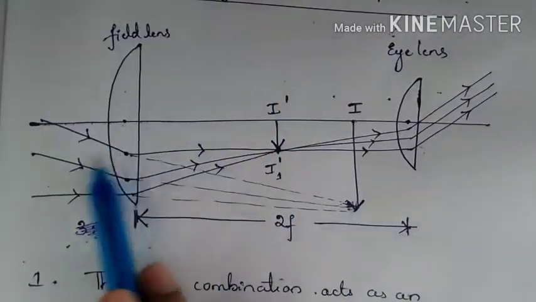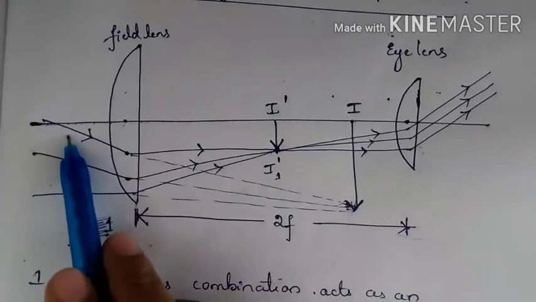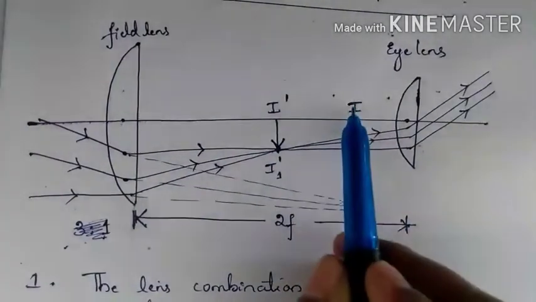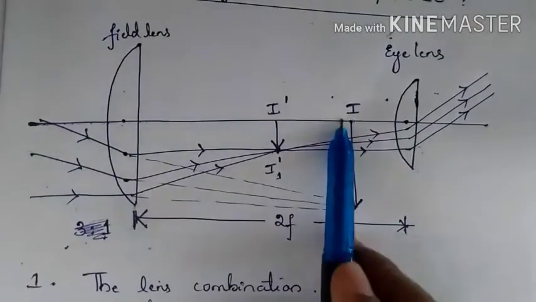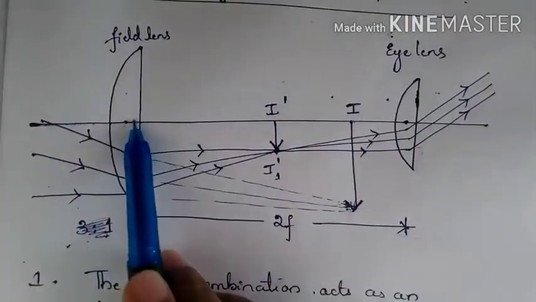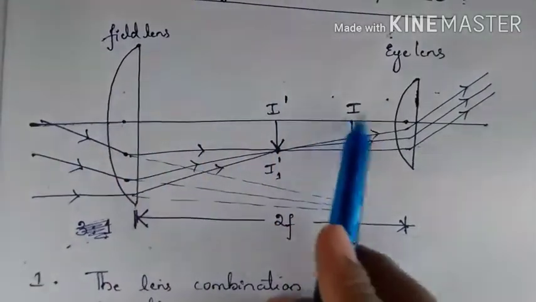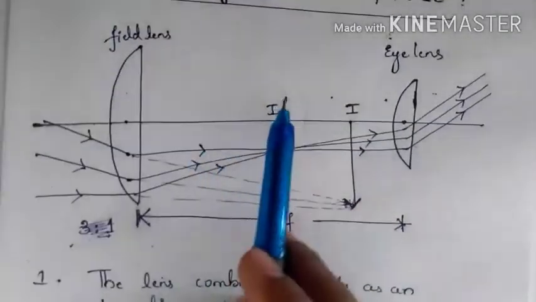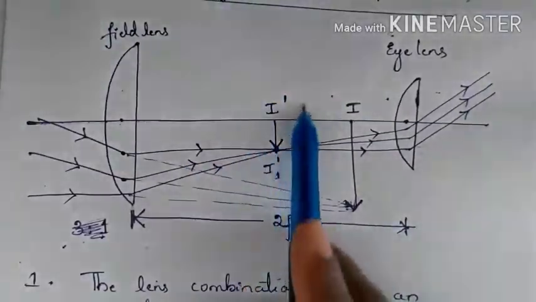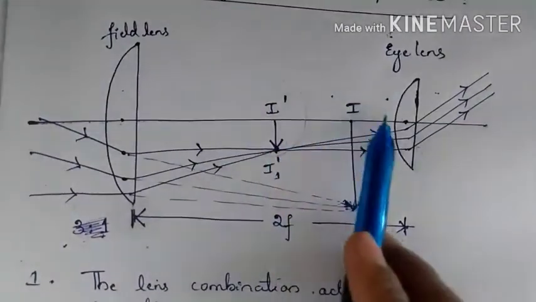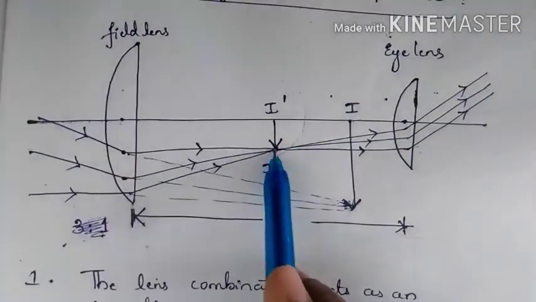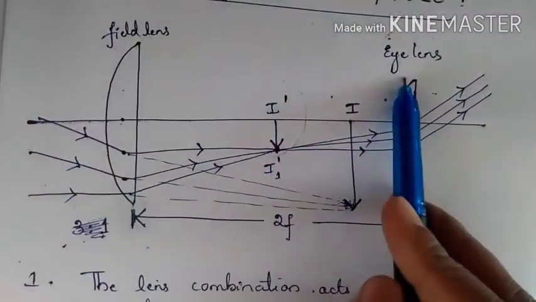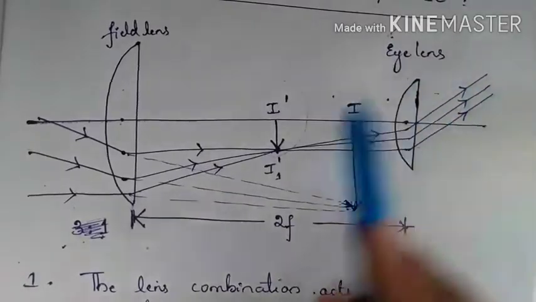But before that, the converging rays coming from the objective lens would form the virtual image at I. So this I is an object for the field lens, and for this object the image is formed at I prime. And now next, this I prime is the object for the eye lens, and the rays coming from the I prime will get refracted by the eye lens and form the image at infinity.